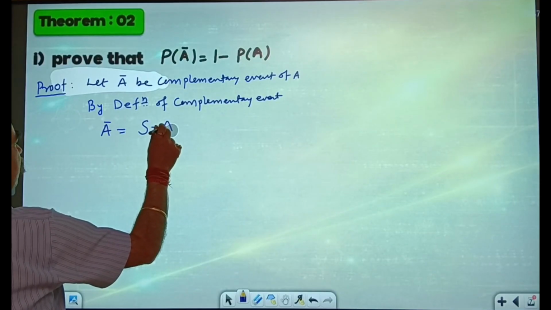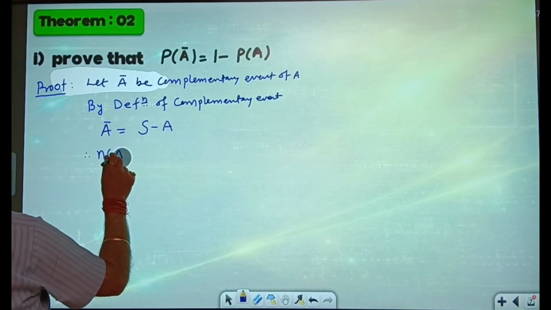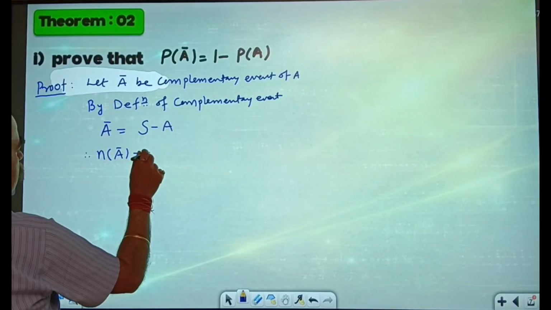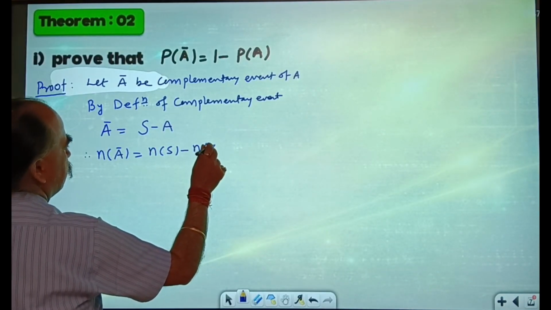S minus A. So n(A bar) is what? n(S) minus n(A).